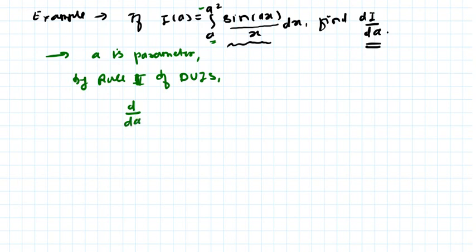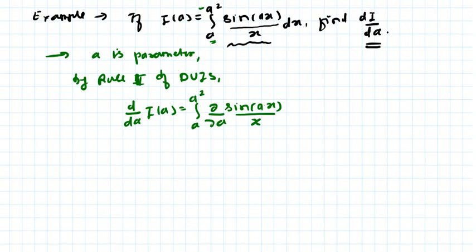Parameter I of a is equal to the integration from a to a square of sine of ax upon x dx. You need to differentiate this partially with respect to the parameter a inside the integral, plus the next stage is to take the derivative of the upper limit.